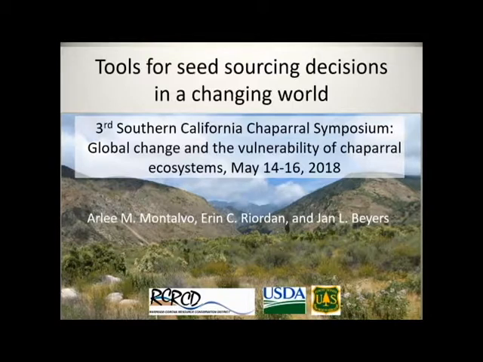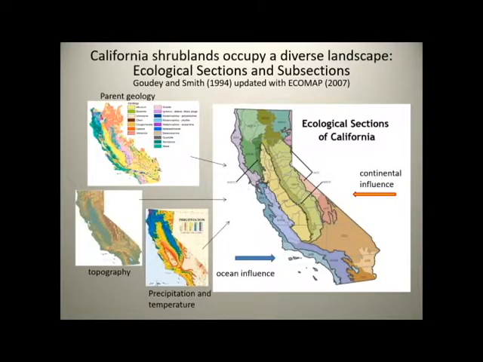Okay, I've been interested in variation in plant taxa across the landscape, across environmental gradients for a long time. And California is one of those spaces where there's just an amazing degree of variation in our topography, in our precipitation, all kinds of different environmental gradients from east to west and north to south, and we have plant taxa that exist across many of these environmental gradients, which are different from place to place in terms of their adaptations and how well they're able to survive in different environments.